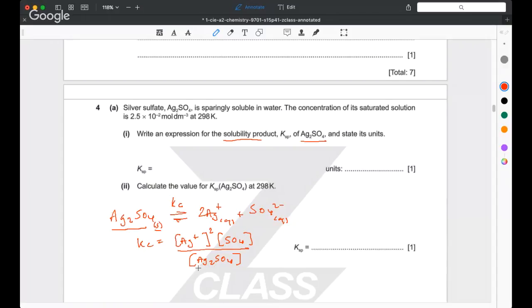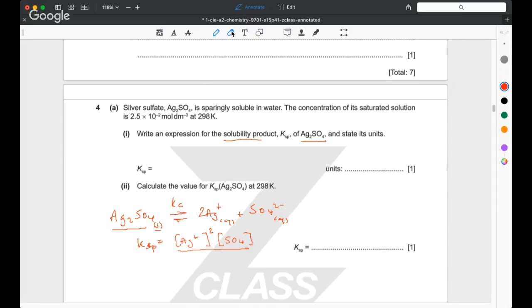And when you include the concentration of the solid in the equilibrium constant, then instead of calling that Kc, it's called the solubility product. And the solubility product just shows that we've included the concentration of the solid in the equilibrium constant, because the concentration of the solid itself is a constant.